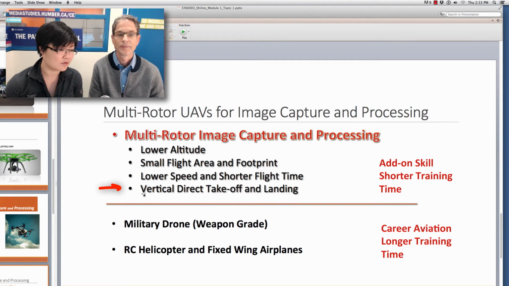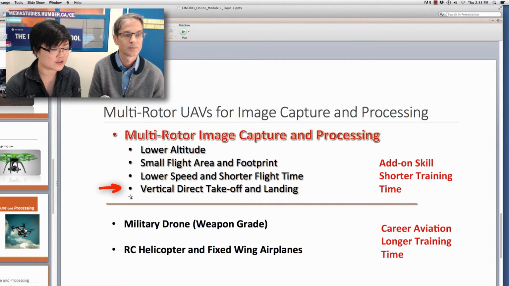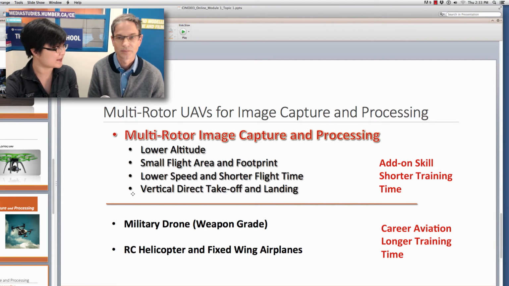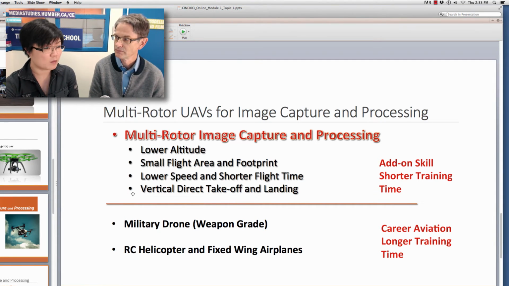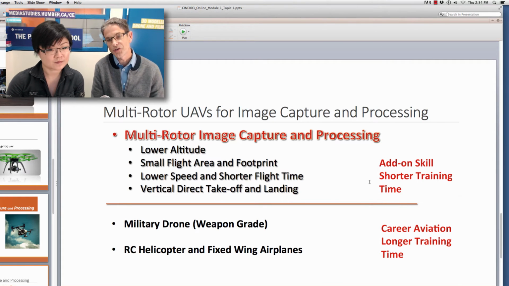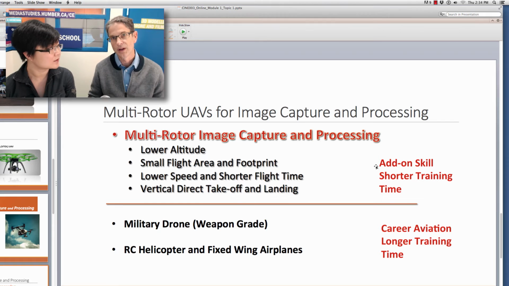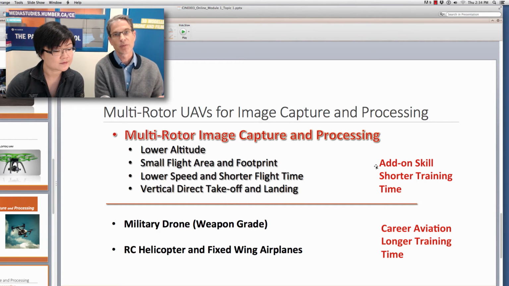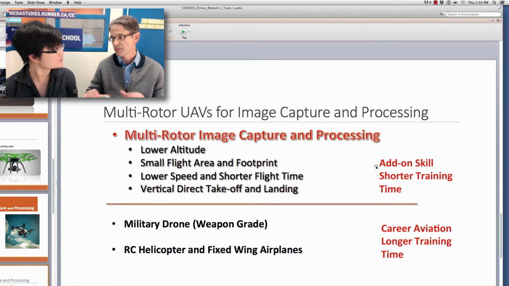Okay. Then they're vertical direct takeoff and landing, so compare all of that together, making multi-rotor VTOL more of an add-on skill due to the shorter training time. So in other words, we're also talking about you, the person who's going through pilot ground school, being somebody who might be from another profession, and this is considered for our purposes an add-on skill.